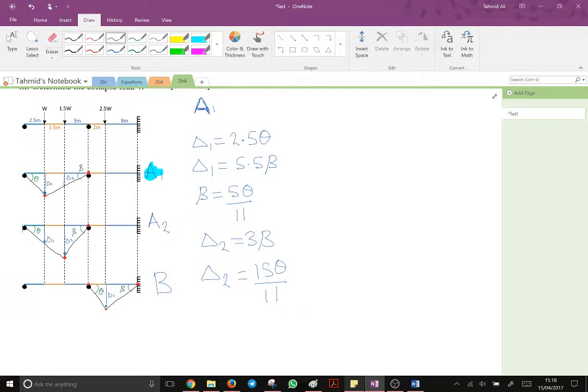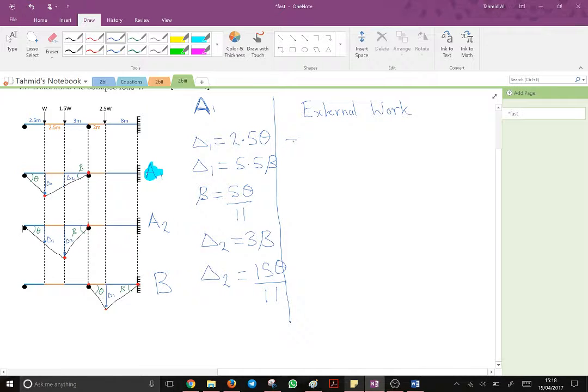So now let's work out the external work. So we have this load W making this delta 1 occur. So external work is simply going to be the force times the displacement.